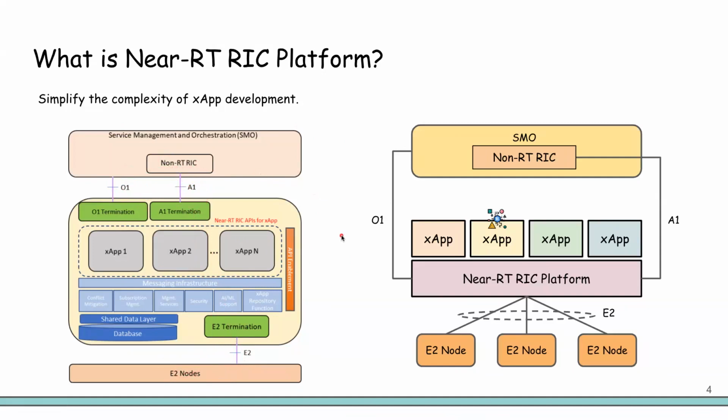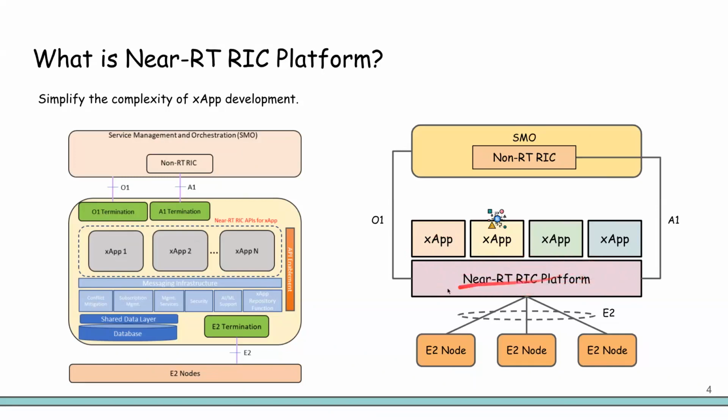So actually, we can see the Near-RT RIC platform as in this figure. OSC divides the Near-RT RIC into the Near-RT RIC platform and xApps. Why does OSC want to do this? I think the reason is they want to simplify the complexity of xApp development. So they just want to provide a platform and let each xApp run on top of this platform.